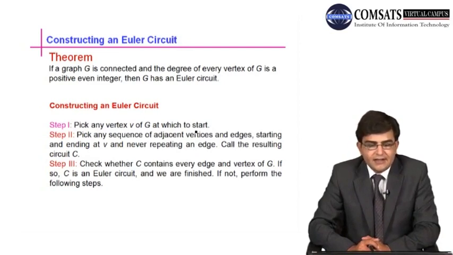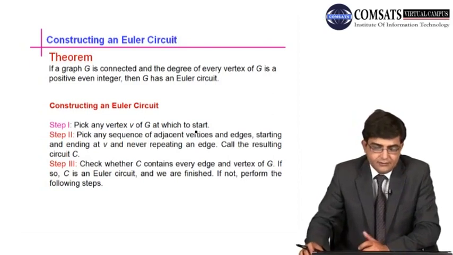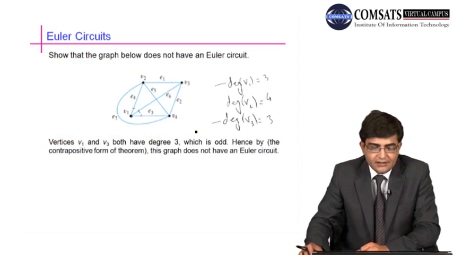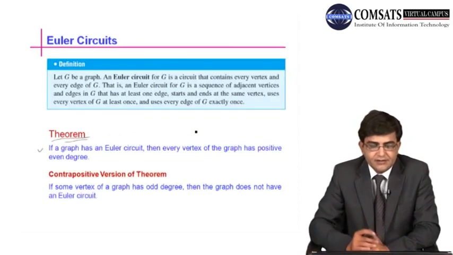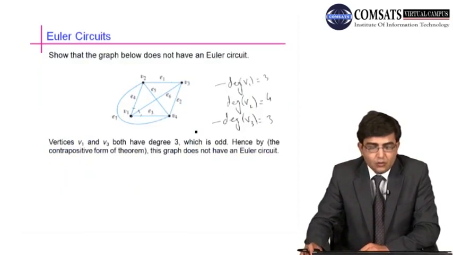This theorem states that if a graph G is connected and the degree of every vertex of G is a positive even integer, then G has an Euler circuit. So this is another improved result, which is better than the previous theorem. The next theorem has more information than this theorem.